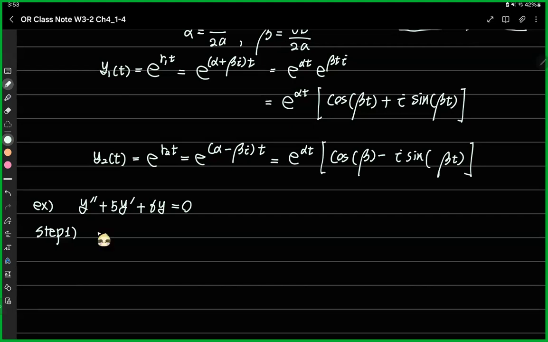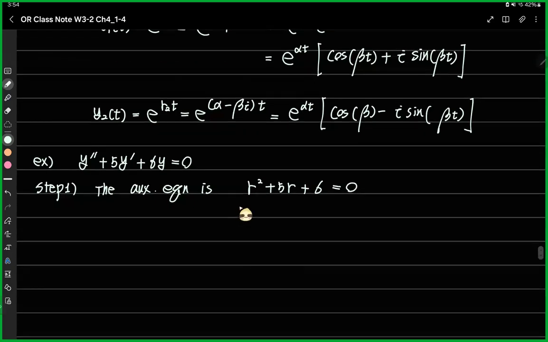The auxiliary equation is just r squared plus 5 times r plus 6 is equal to 0.